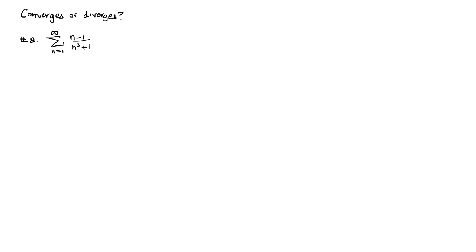All right, so we want to know whether or not this series converges. When we first look at this, we see that it's rational, right? If you think about what the limit as n goes to infinity is, it's pretty easy to see that we're going to converge to 0.